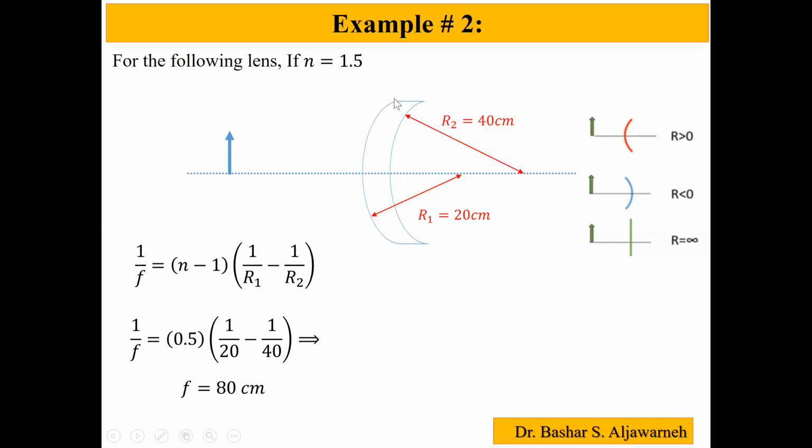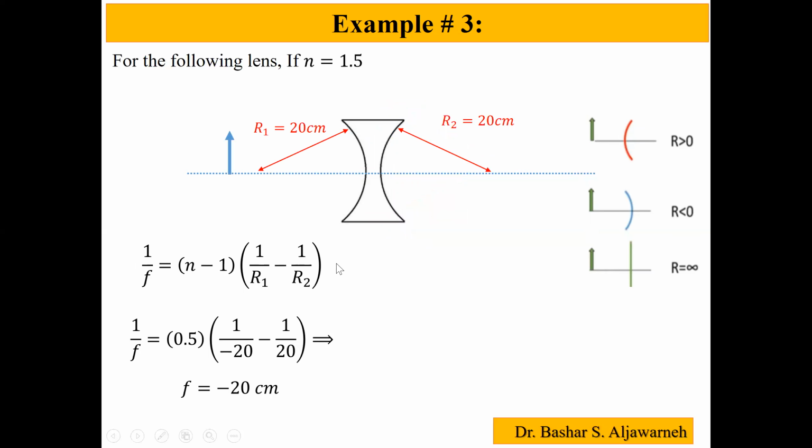As you can see here, the front and the back of this lens, both of them should be positive because both of them are convex. So plug my numbers again in the formula here, R1 and R2. As I mentioned before, because they are convex surfaces, we have to take them positive. Therefore, the focal length equals 80 centimeter.